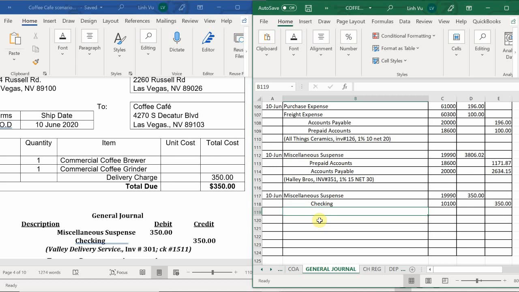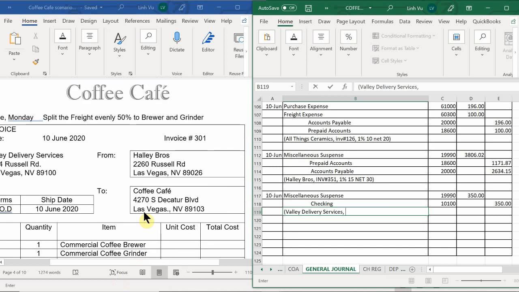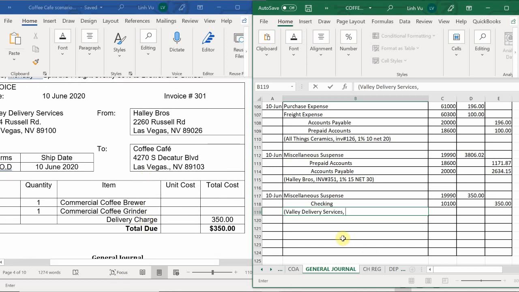We got the check number, right? So let's go ahead and fill in the information here. Who did we deal with? Valley Delivery Service. Good. We have an invoice number. Do we create an order? No, in this case, no. This is just billing information, so you know why you made a payment and to what bill you paid.